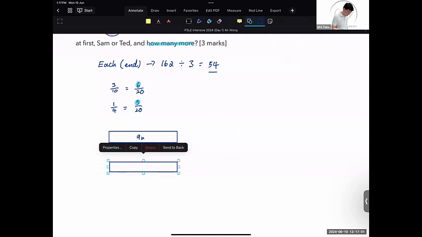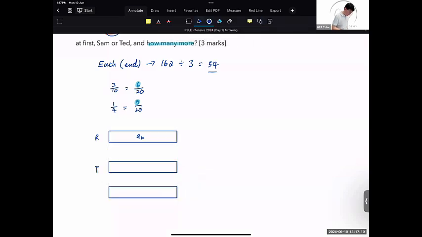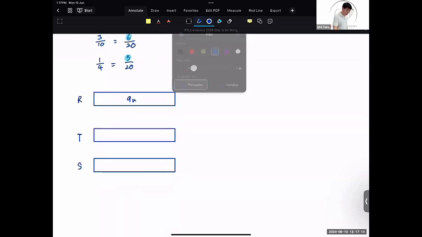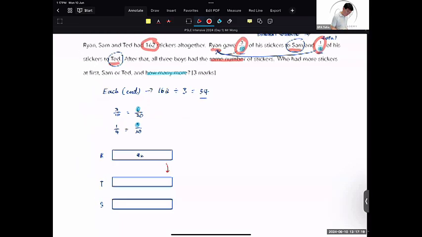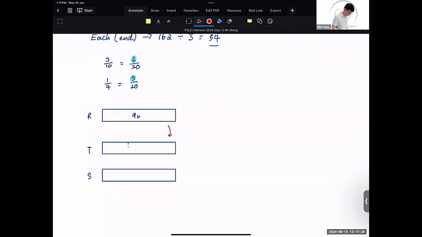You know that Ryan in the end has 9 units. How did he end up with 9 units? He ended up with 9 units because he gave away 11 units. Of the 11 units, who did he give them to? He gave 6 units to Sam, right? And 5 units to Ted.